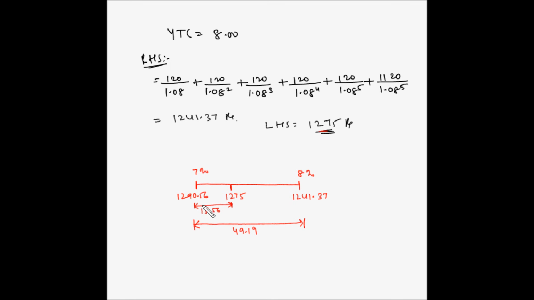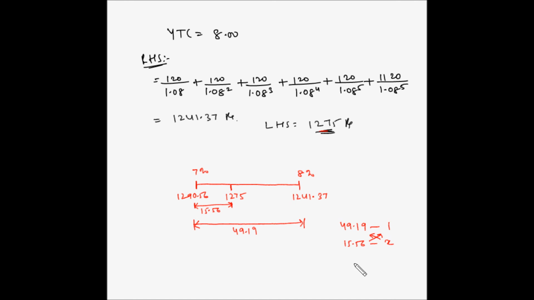So now we have to find how much percent will lead to the gap of 15.56 in the value of the right hand side. So 49.19 leads to a gap of 1%. So 15.56 will lead to a gap of how much? Let's say x.